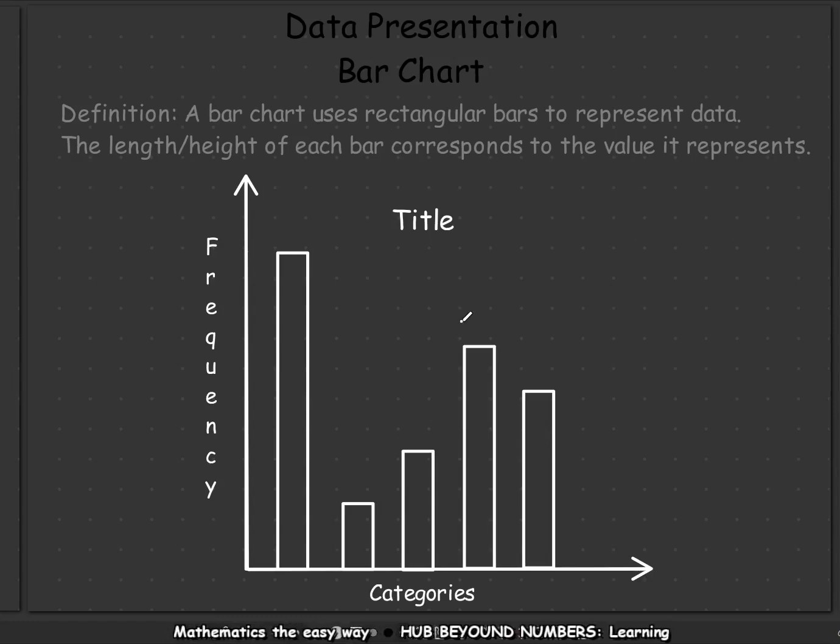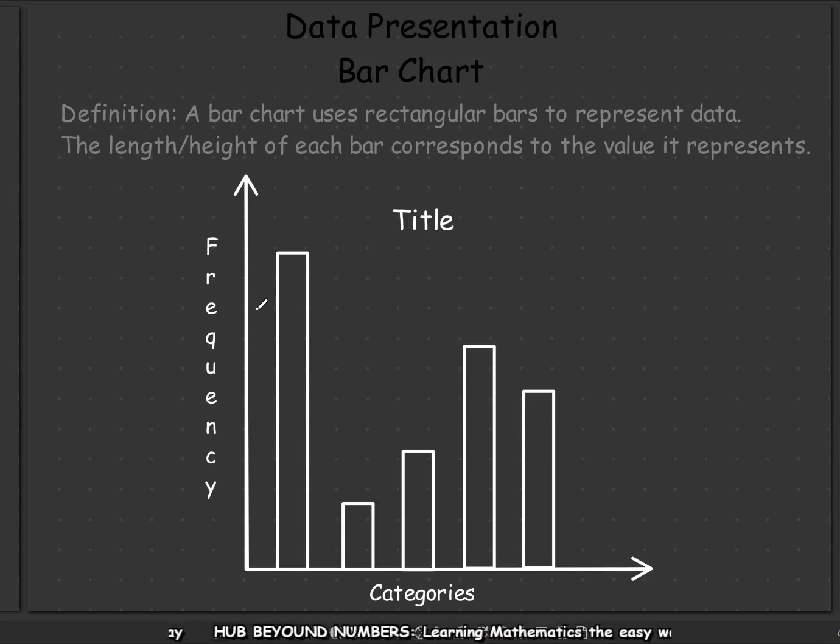You first of all need your data. So you get your data, and then secondly, you label your axes. So you get to know what your x-axis is going to represent, what your y-axis is going to represent. Then you choose a scale, because maybe your graph sheet might be too small, such that each square is not going to correspond to a unit of one frequency.